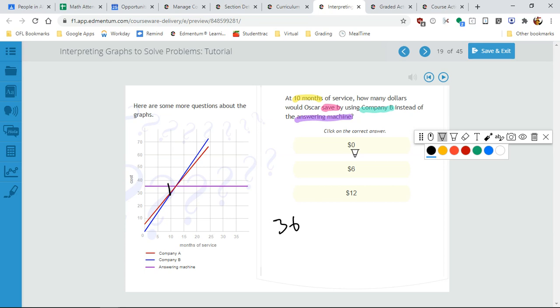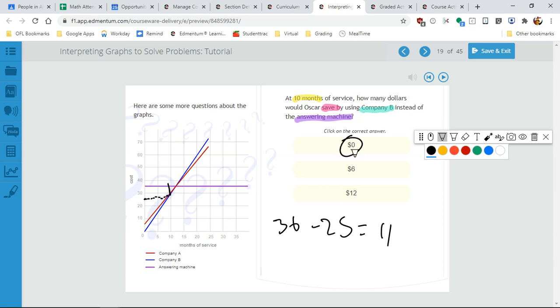Again, you're estimating, so it might not be exact. Minus, if I go over here, it looks like, I don't know, 20, 25, 26. I'm going to say 25. It's not exact. But if I subtract these, I get 11.